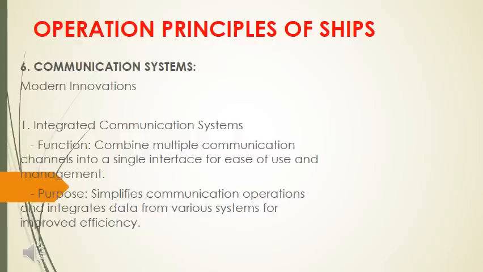Next, let's consider the modern innovations in communication systems on ships. The first is the use of integrated communication systems, which combine multiple communication channels into a single interface for ease of use and management. By doing this, we can simplify communication operations and integrate data from various systems for improved efficiency.